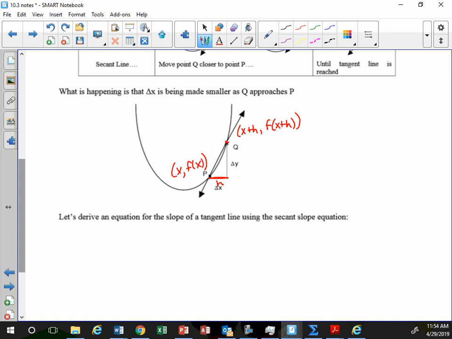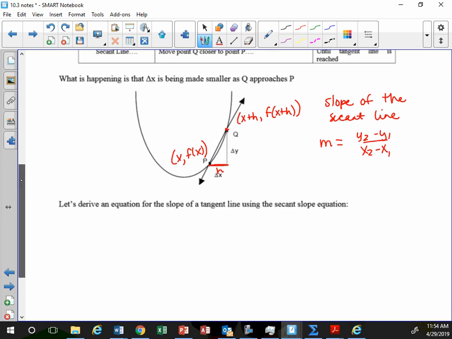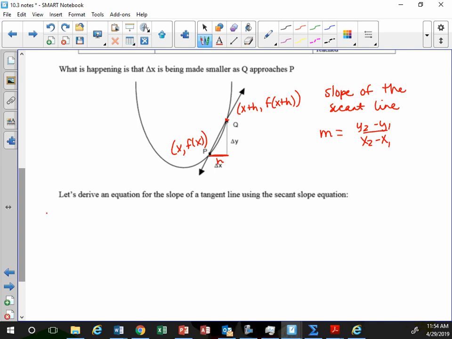Let's think about how I would find the slope of the secant line here. Isn't slope always y2 minus y1 over x2 minus x1, right? What do you think it's going to be for my secant line here? I'm going to write it down below too.